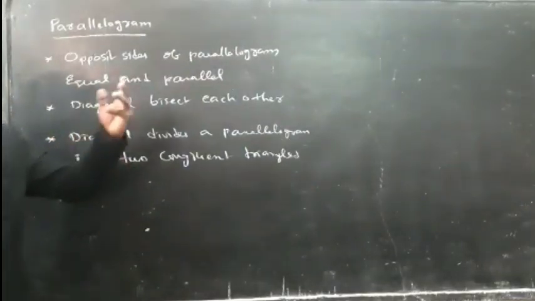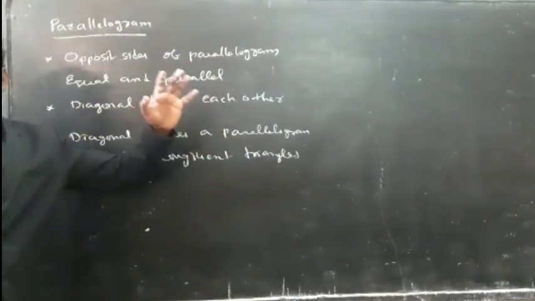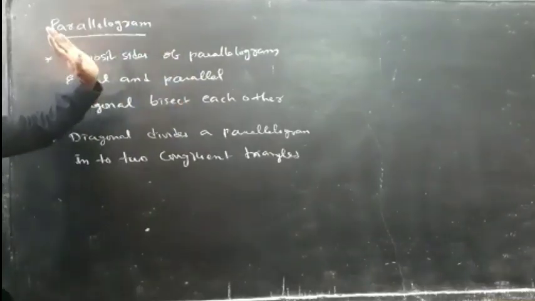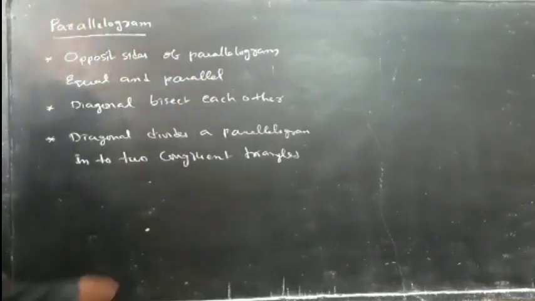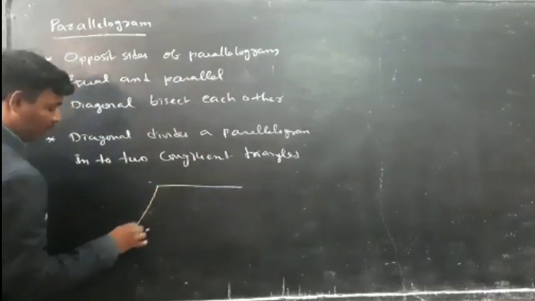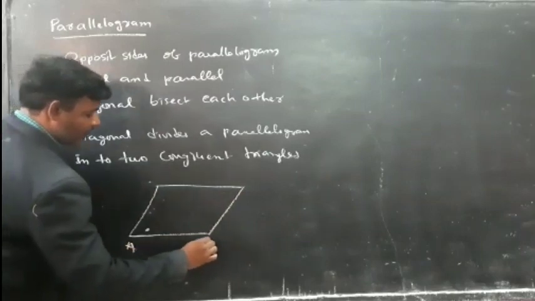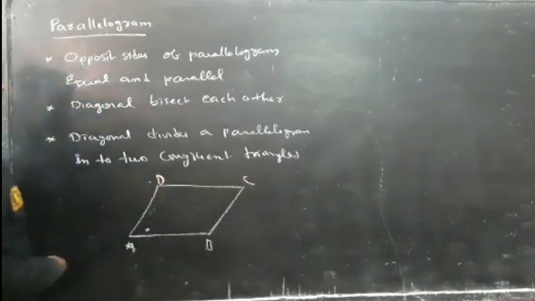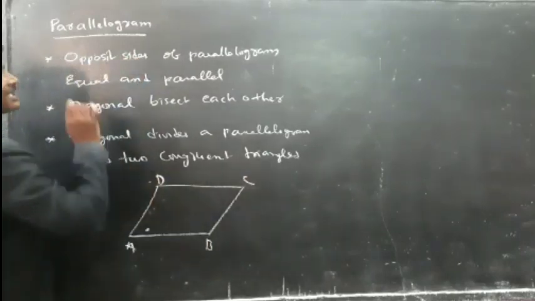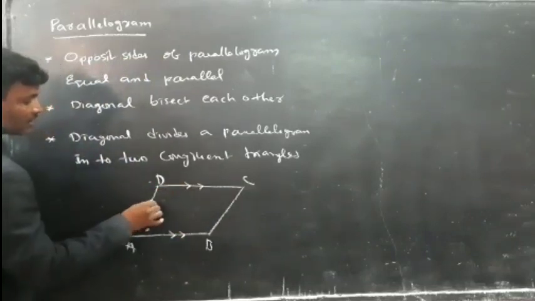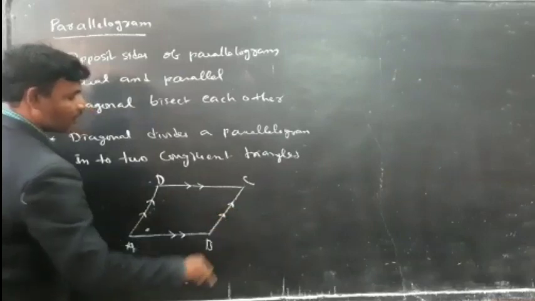If in a quadrilateral two pairs of sides are parallel, that is called a parallelogram. For example, let ABCD be a parallelogram. Opposite sides are parallel, so AB and CD, and AD and BC, both are parallel.